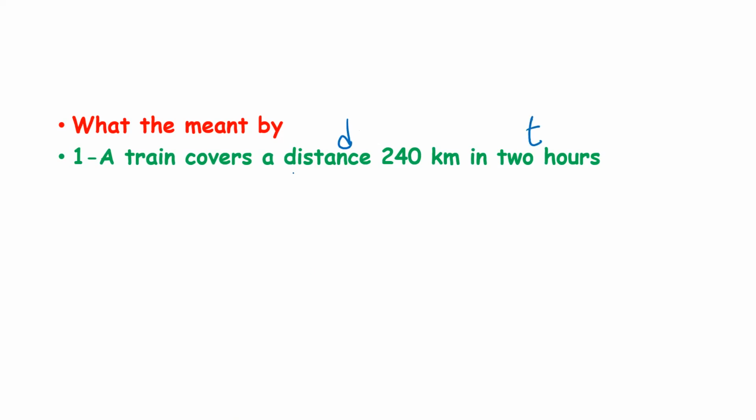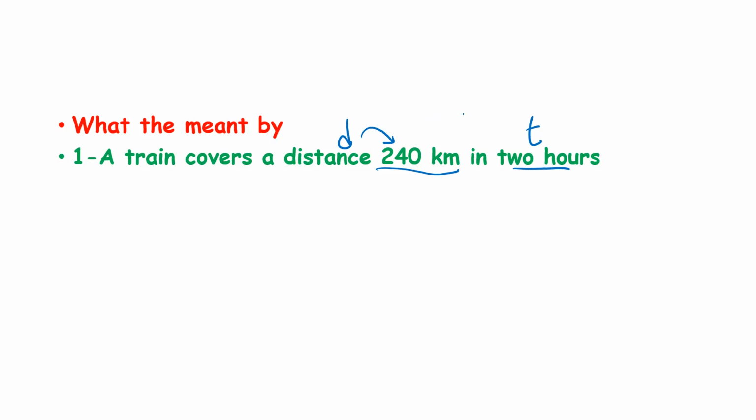It covers 240 kilometers in 2 hours. Okay, Malak, do you know? Yeah, teacher. It means that the train moves a distance of 240 kilometers, and the time is 2 hours.